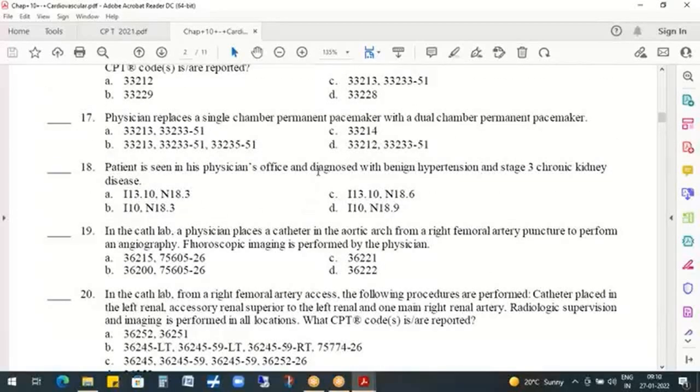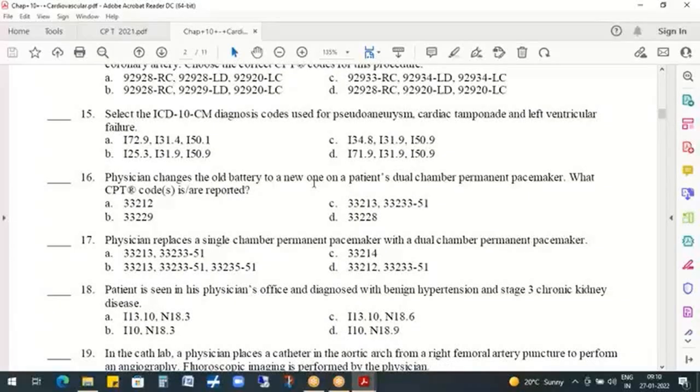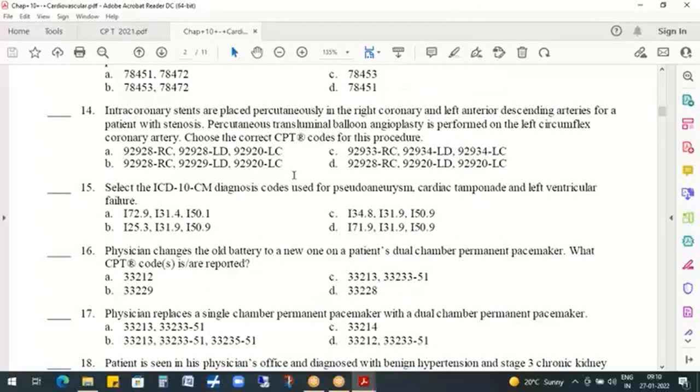Total how many questions? 6 questions. One more question you can take, 14. Total 7 questions. These questions are from all vascular families, CABC and pacemaker.